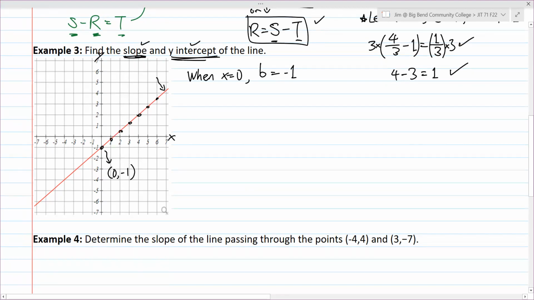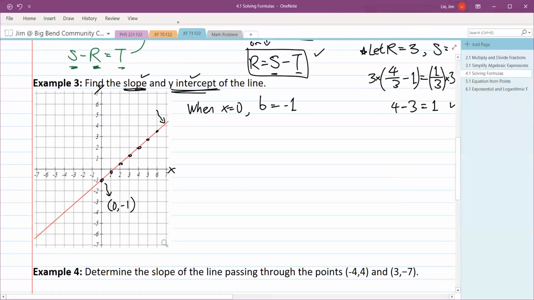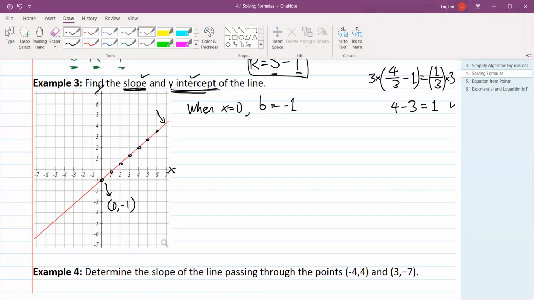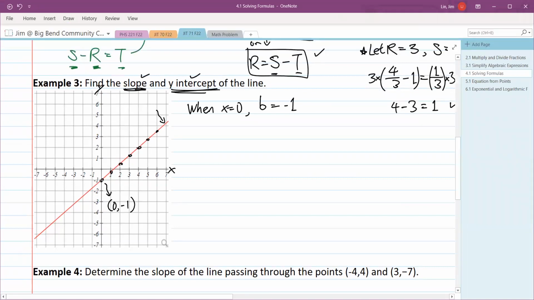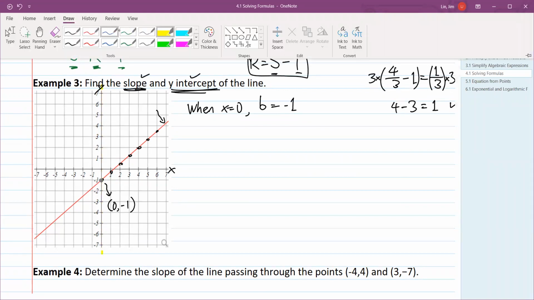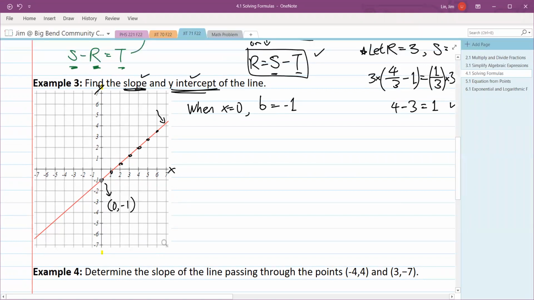We call this a y-intercept because it is essentially a data point that passes through the y-axis. Think about it. This is the vertical y-axis, the one I just highlighted. And this is a data point from the red line that passes through the y-axis. It intersects with the y-axis. So when x equals 0, this will be the answer.